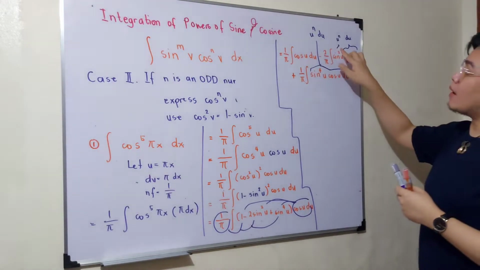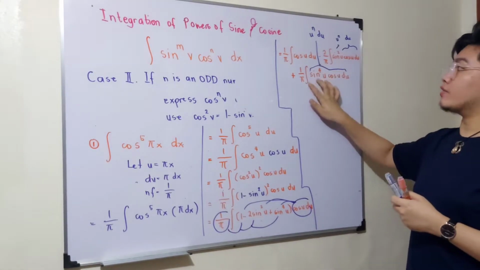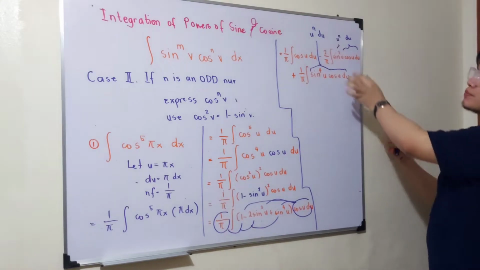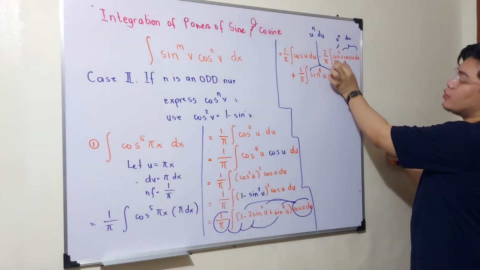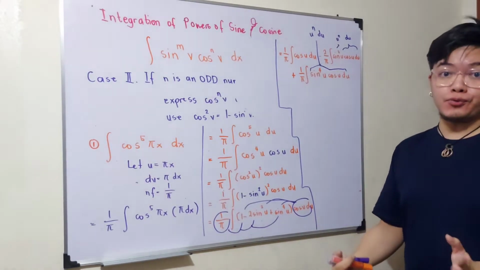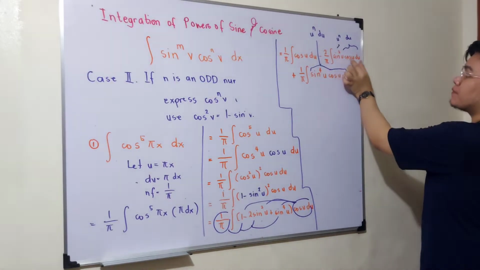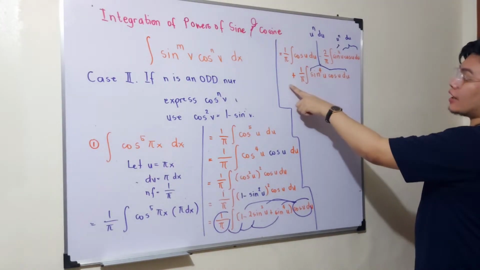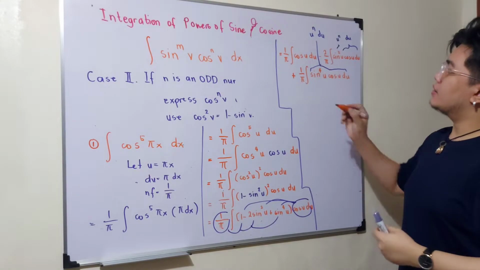Ayan. Pero hindi natin papalitan ng u du to ha. U raised to 4 du kasi naka-u na tayo. So since ang derivative ng sine u ay cosine u lang, saktong-sakto, cosine u. Okay? Wala nang negative. So pwede tayong mag-integrate na agad.